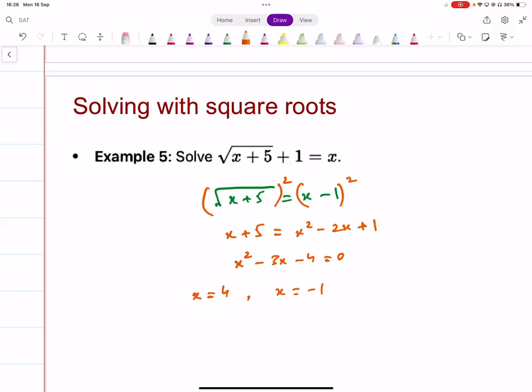Okay, but remember we discussed something. Whenever you square an equation, you should always check if the answers work. Because square करने से कभी कभी आपके पास extra answers आ जाते हैं. Do both of these values work here?